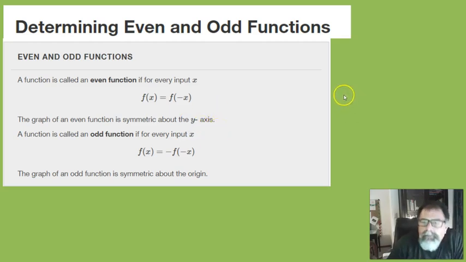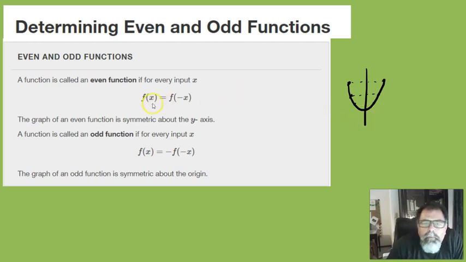So for instance, if you have a parabola and you reflect it through the y-axis, this point goes to there and that point goes to there. Both of these give you the same. So when you switch every point on this graph and flip it over the y-axis, it's going to look like the original function.